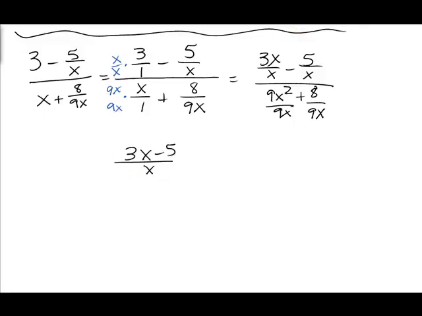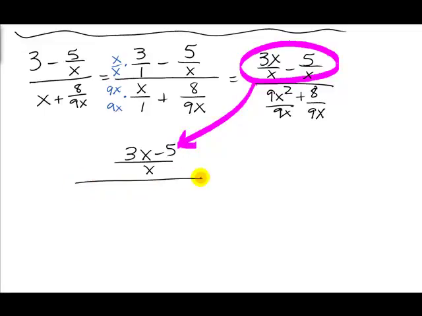That takes care of this numerator. Then the denominator is 9x squared plus 8 all over one denominator. Now I can do the keep, change, flip.